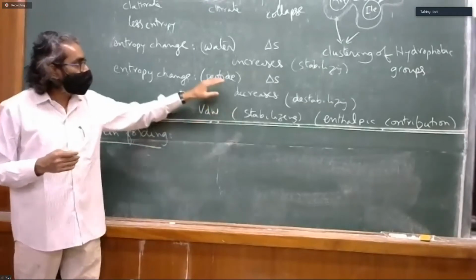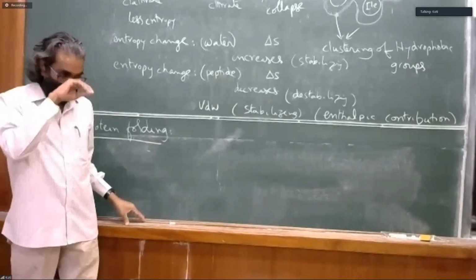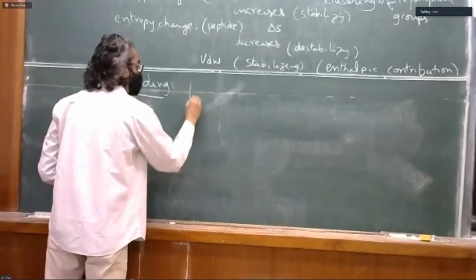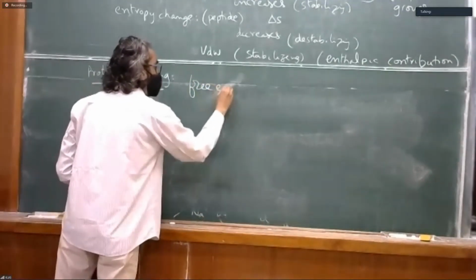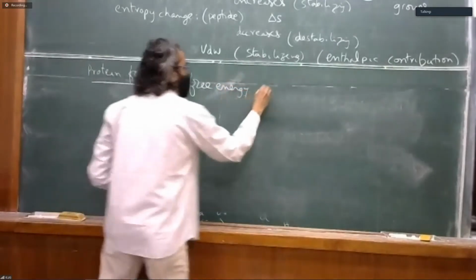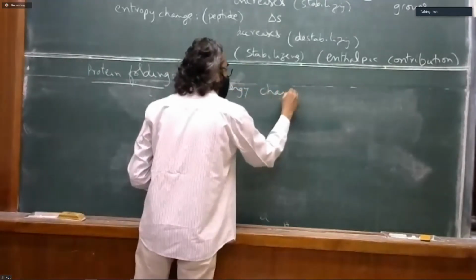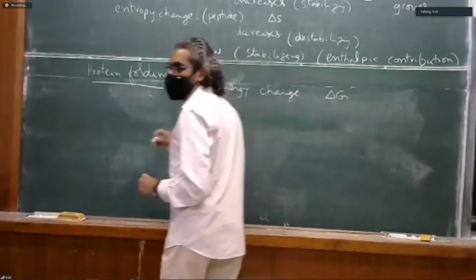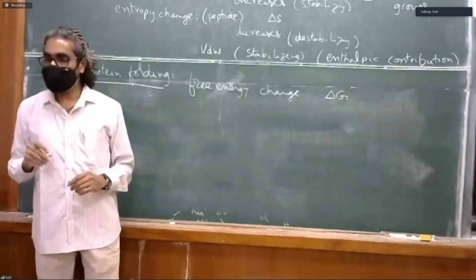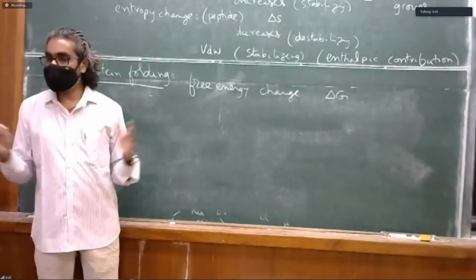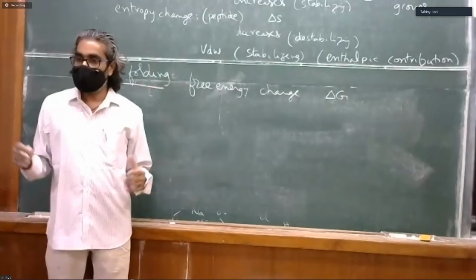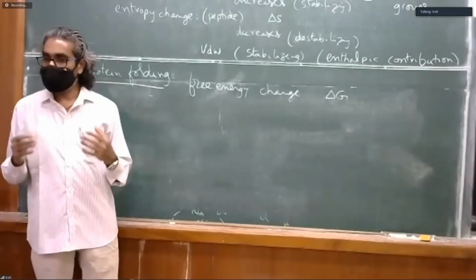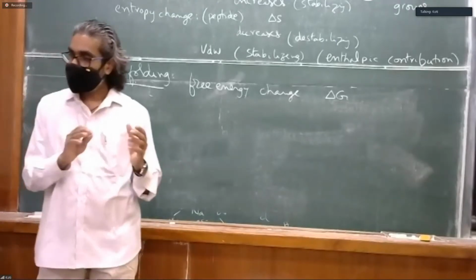Okay, so now we have to think about the total free energy change. That's what dictates in the end whether a protein is folding or not. For most of the large proteins, which have a mixture of hydrophobic side chains and so on, most of them in the cell go to a native state.